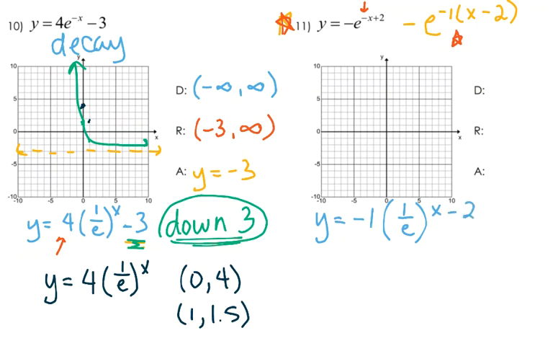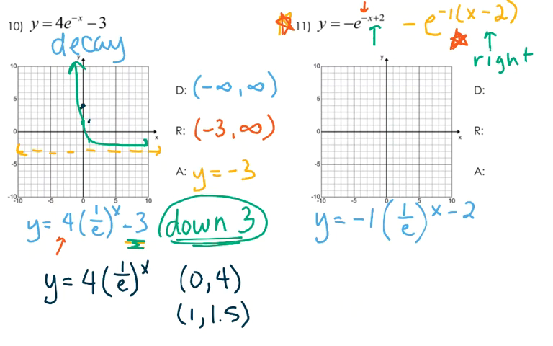If you don't factor out that -1 like I did up here, then your shifting is going to be all messed up. So if you look now, the shifting actually is going to go to the right 2. Where if you look here, it kind of looks like you would have gone left 2. So really be careful with that. Put a star by it, put a mark by it.